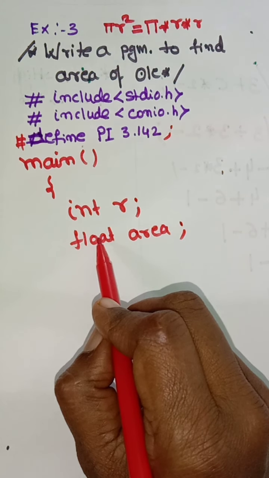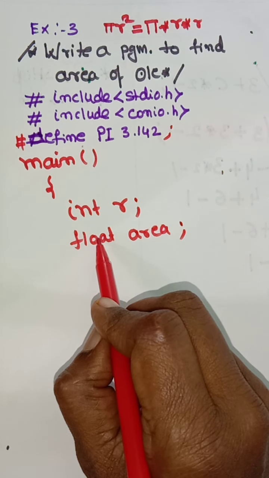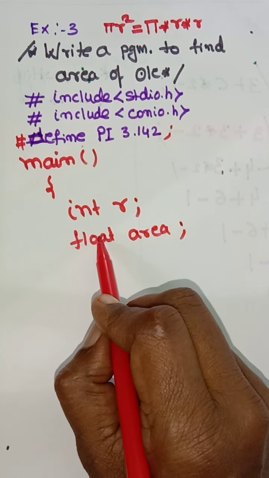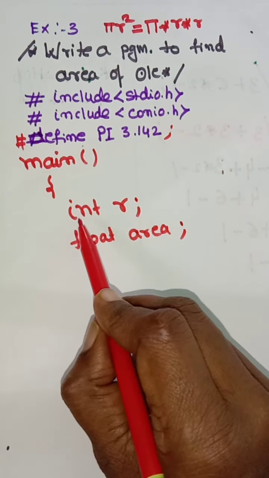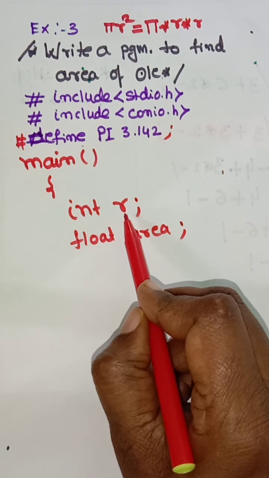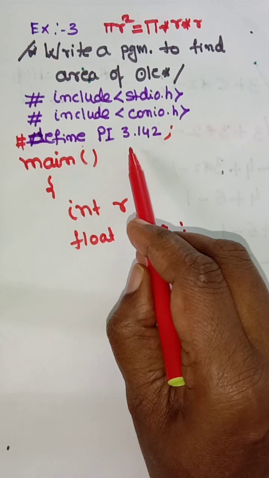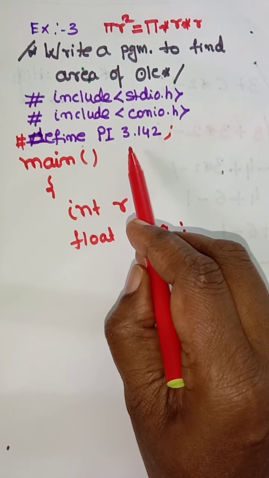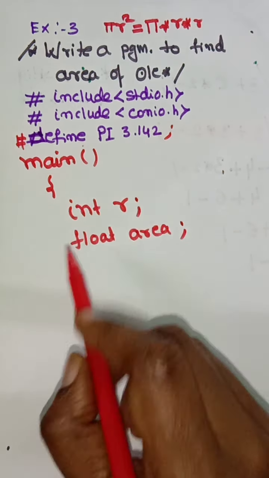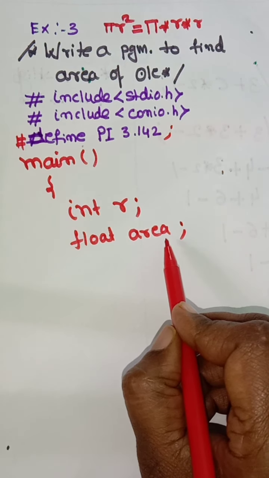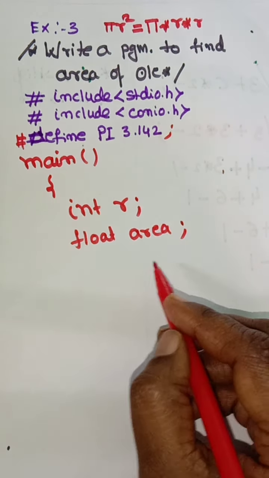Okay, I told you to read no in the previous class. That is nothing but the type conversion. So here, this is int, but if r is multiplied by one float value, your answer is float. That is why I am going to declare float area.